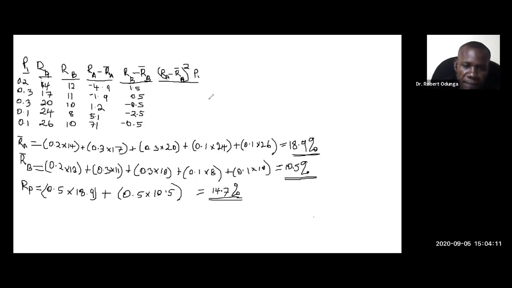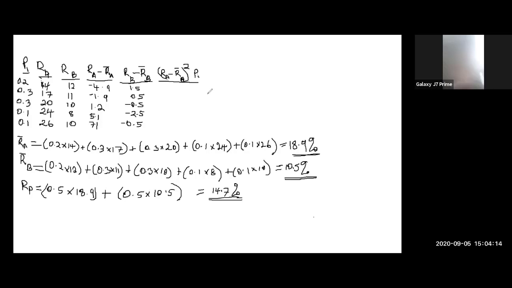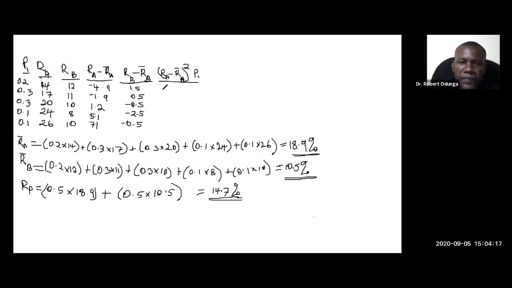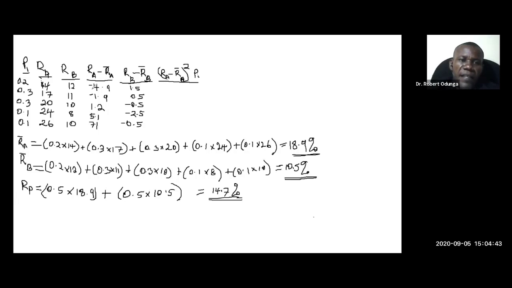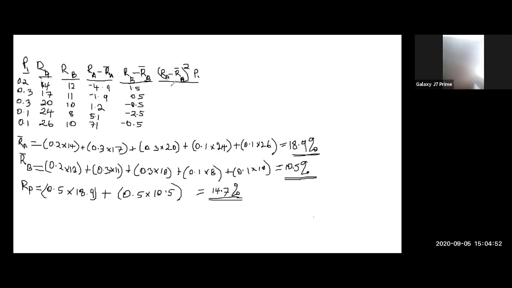What do you get for A? You square the 4.9, then multiply by 0.2. What do you get for A?